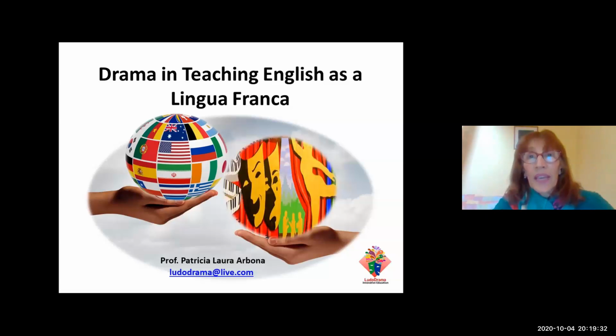This has created a variety of accents, and for this reason, we need to redirect our teaching aims and focus on international intelligibility rather than native-like accent. What the students need to develop is communicative competence, that is the ability to understand and be understood. And drama is a powerful tool that can help students develop communication skills.